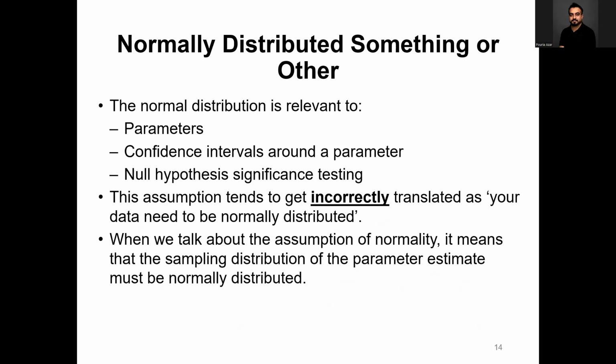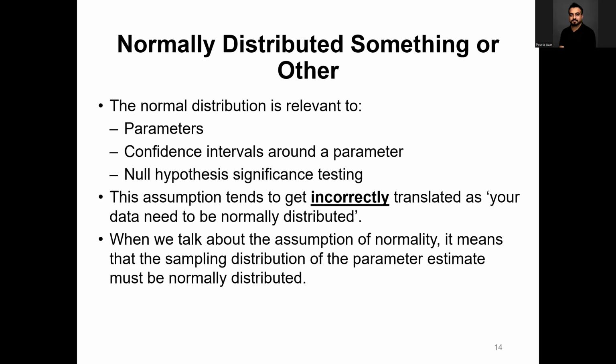The second assumption is a normal distribution. This is a very important point. When we talk about the assumption of normality, this means that the sampling distribution of the parameter estimate must be normally distributed. It doesn't mean that raw scores should be normally distributed.